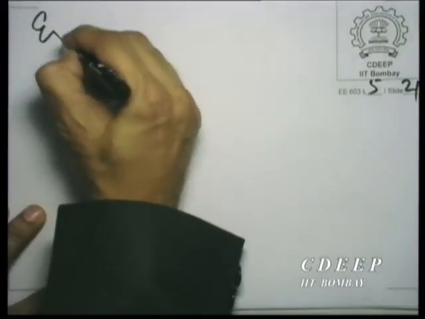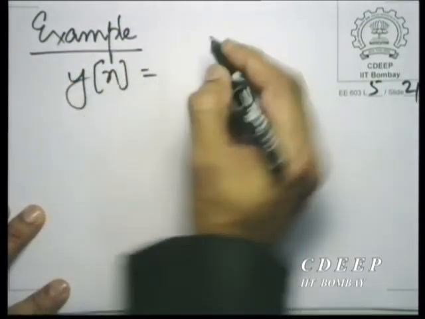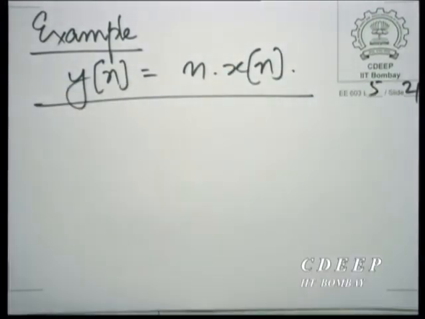So, let us now take a very simple example of a system which does not obey this. Let us take the system y of n is n times x of n. Now, one remark here: typically shift variance, that means disobedience of shift invariance, tends to happen when you are looking at the clock, in informal language. If a system looks only at the input and does what it wants to, the system tends to be shift invariant.